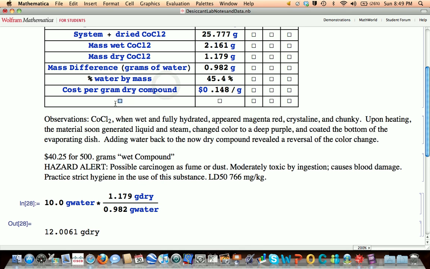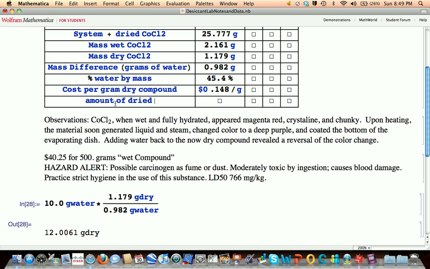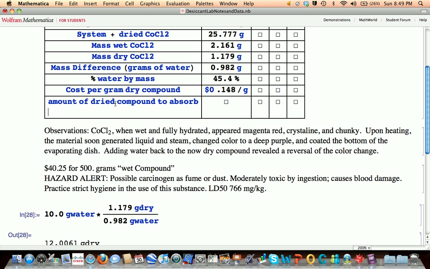And let's call it amount of dried compound to absorb 10 grams water. And so for us, the answer here would be 12.0 grams.